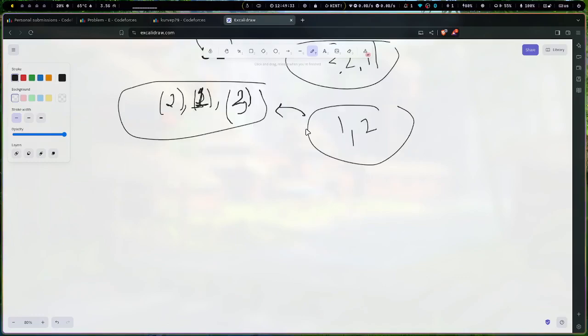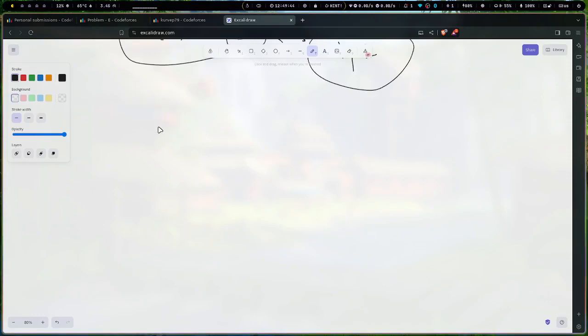See, it is simple. I was not able to recall this solution at the time of the contest, but it is very simple. You need to find distinct distances, right? Suppose you have a 3 cross 3 matrix.